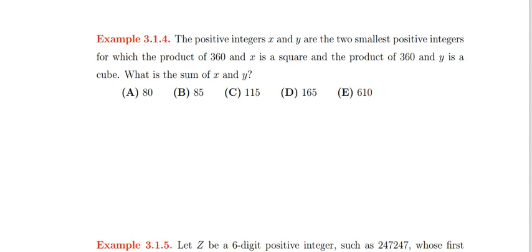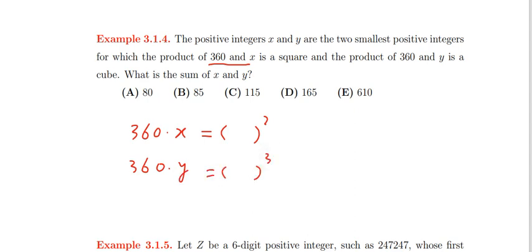So this problem says x and y are the two smallest positive integers for which the product of 360 and x is a square of some number, and 360 multiplied by y is a cube.